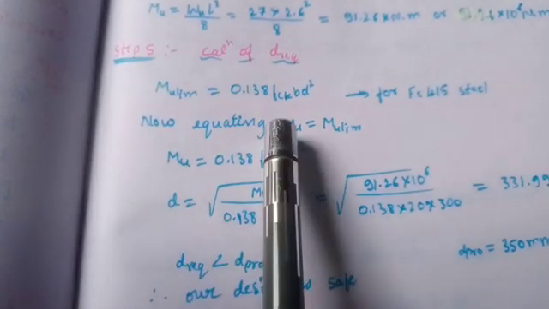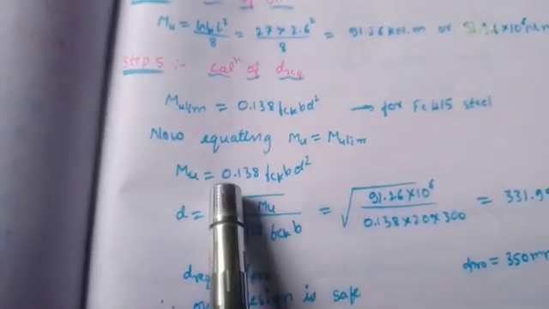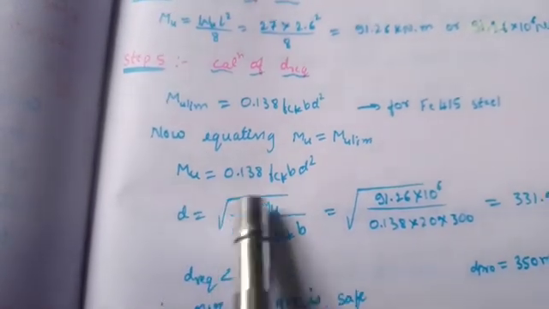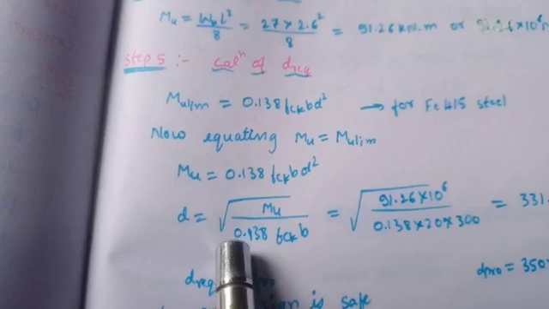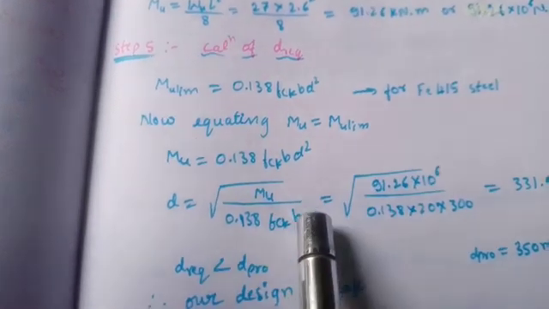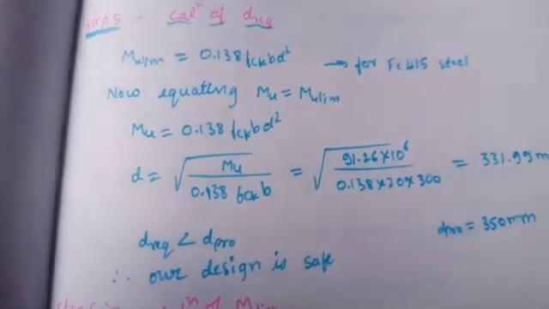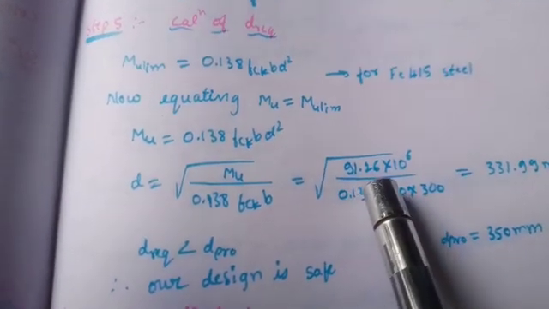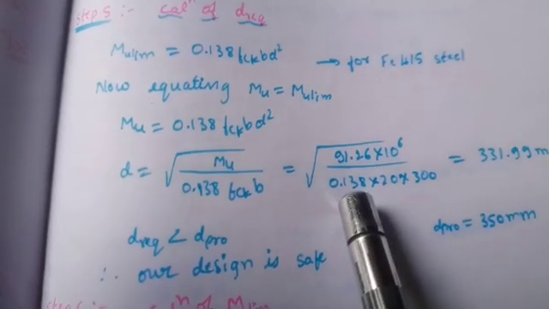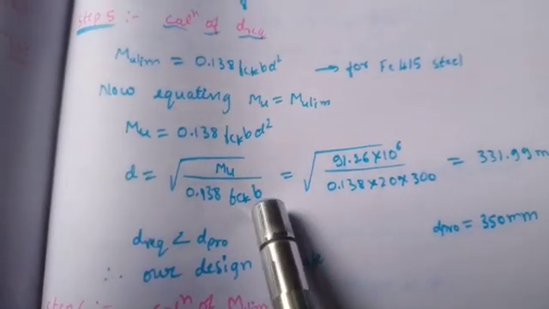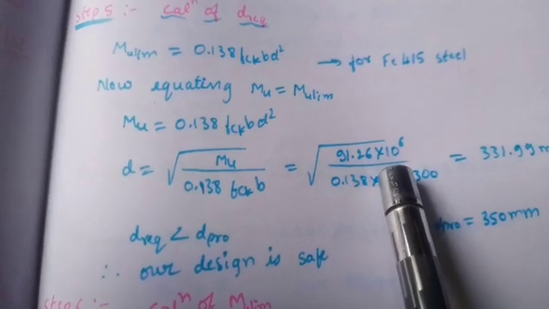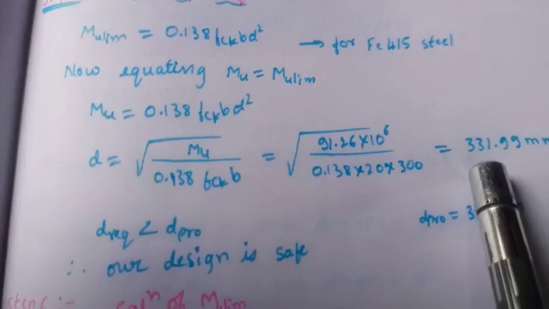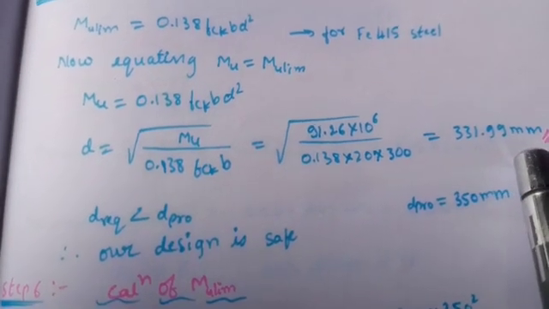Now we are calculating D required, so I have moved these terms across. D is equal to under root of MU divided by 0.138 FCK into B. Substitute all the values. Our MU value we got was 91.26 into 10 to the power of 6, 0.138, FCK is 20, B is 300 mm. After simplifying, we'll get our D value as 331.99 mm.